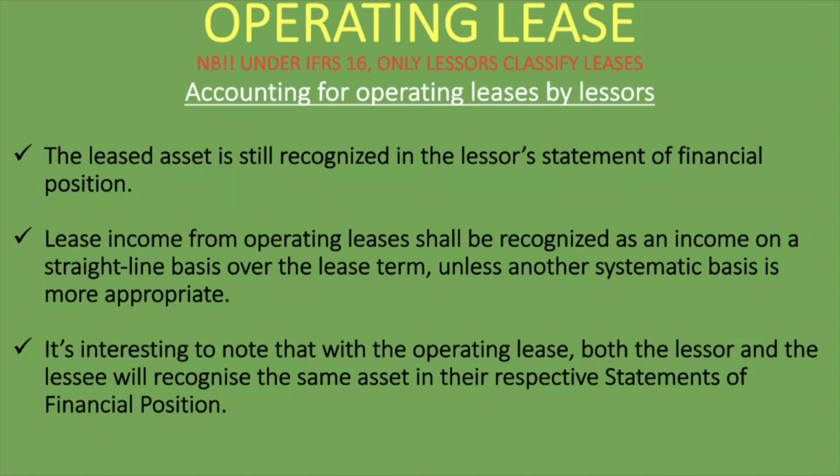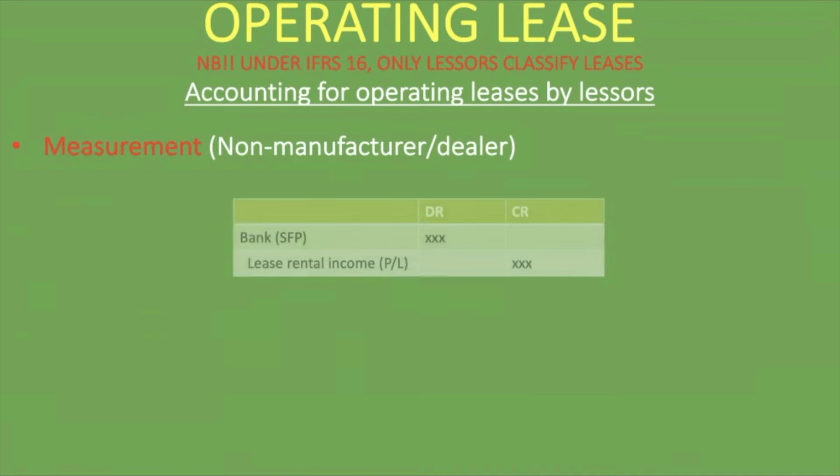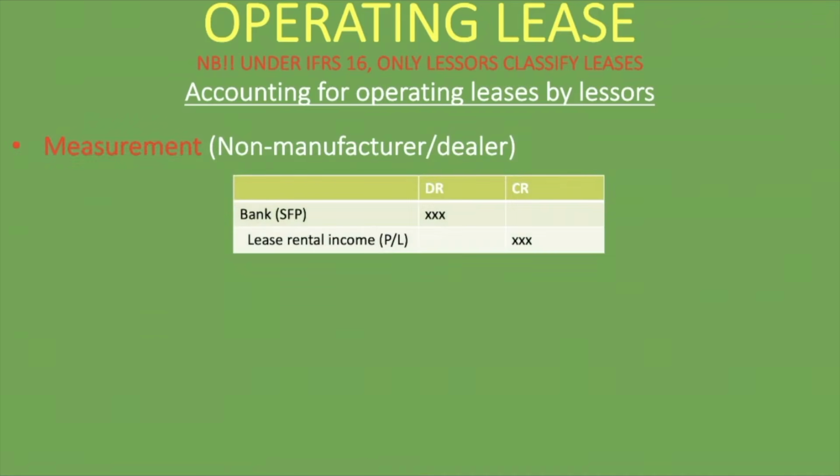Now, what is the measurement for operating leases? Well, here it is. You will debit bank because you are receiving money from the lessee, and you will credit lease rental income, and that is the recognition of the income that you're making. So whenever the lessee is paying you, you debit bank and you credit lease rental income. But that's not all that you're going to recognize.